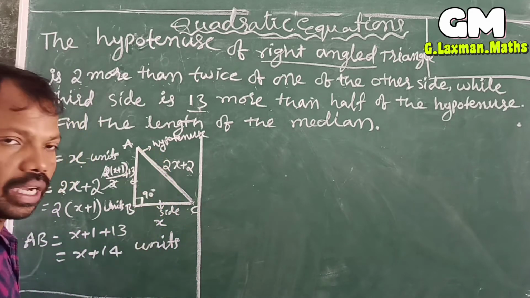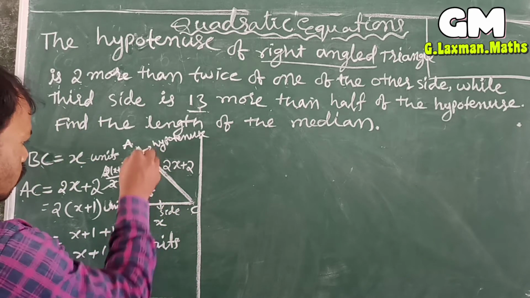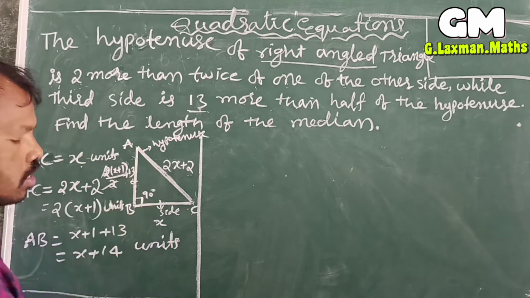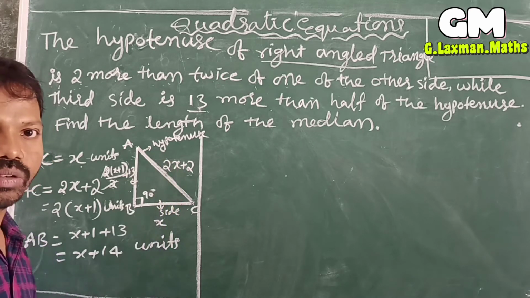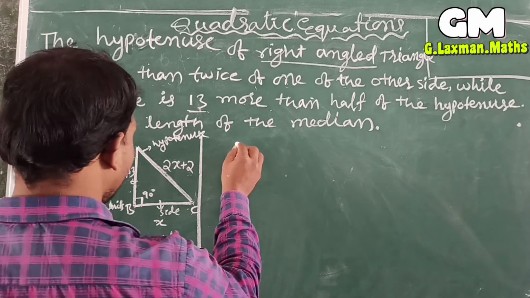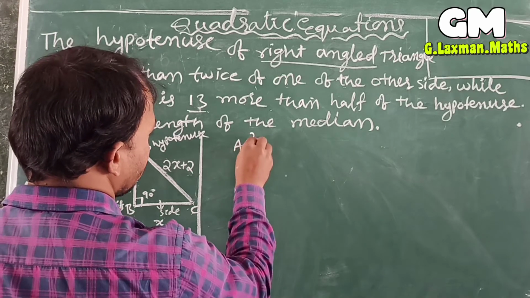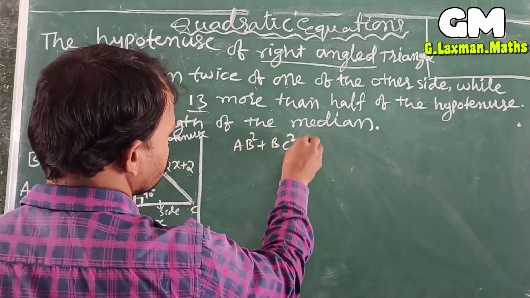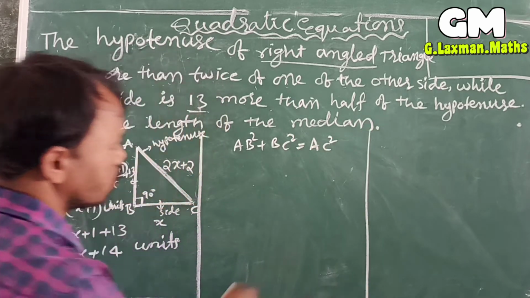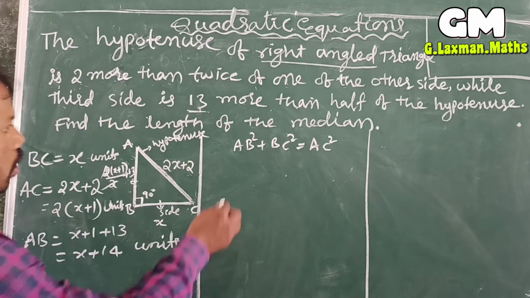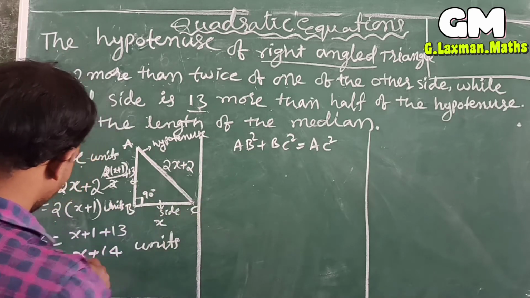Now as per the Pythagoras theorem, we know that the sum of the squares of the two sides is equal to the square of the hypotenuse. So that means AB square plus BC square is equal to AC square. So this we know, right? So AB square, that means how much are we getting?